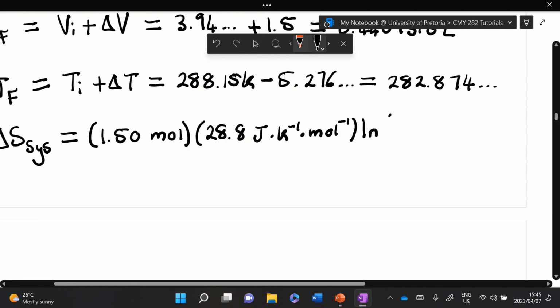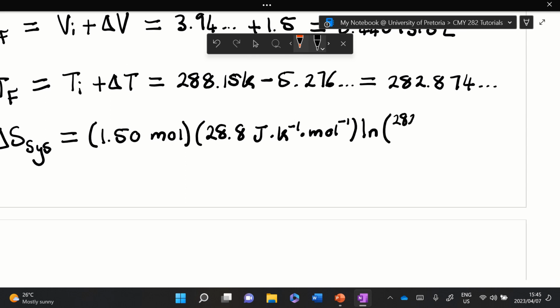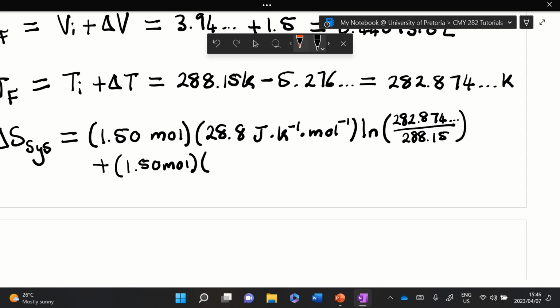And then we have the temperatures. So the final temperature is 282.874. Oh yeah, this is Kelvin, of course, my apologies. Over the initial one is 288.15. And this is plus n, which is 1.5 mole, R, which is 8.1345.